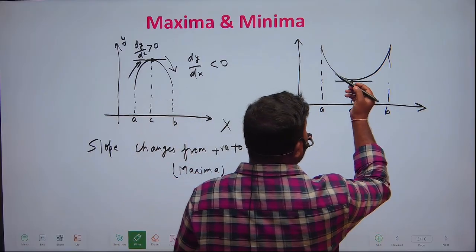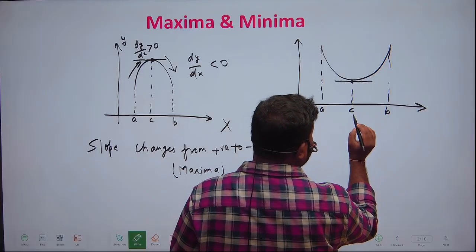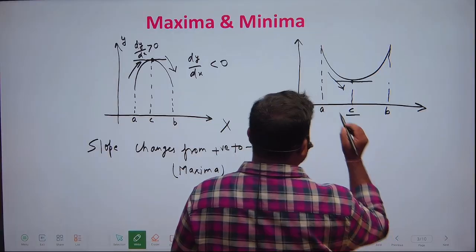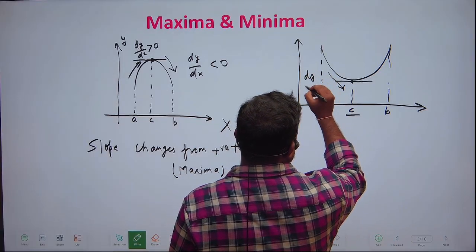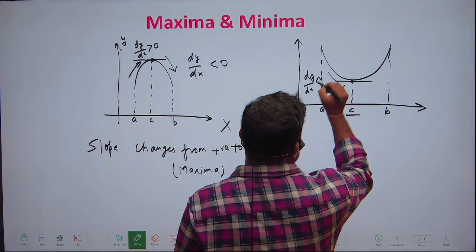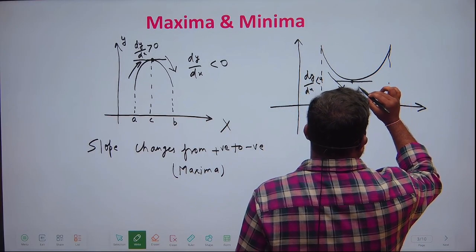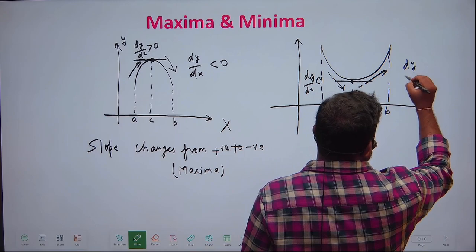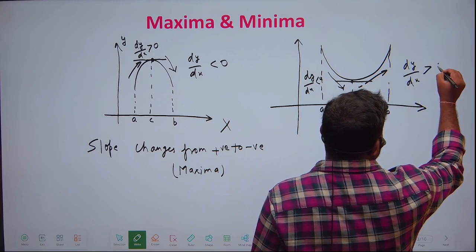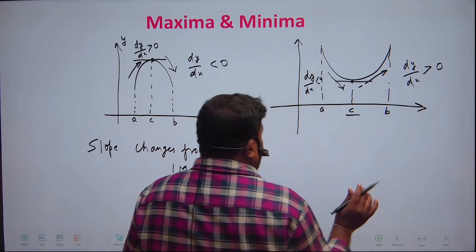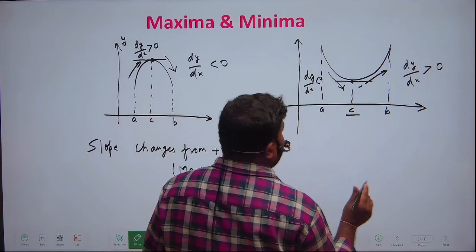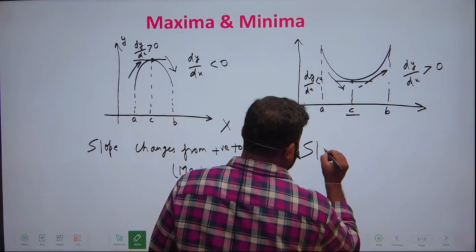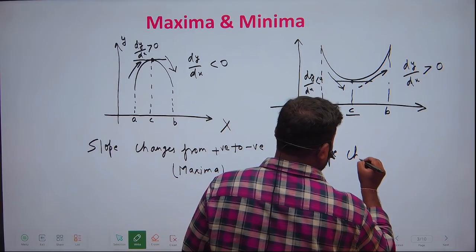When you look at the left side of this specific point c, the slope is decreasing, meaning dy over dx is less than 0. And when you look at the right side of point c, the slope dy over dx is greater than 0. So in this graph we can understand that the slope changes from negative to positive.